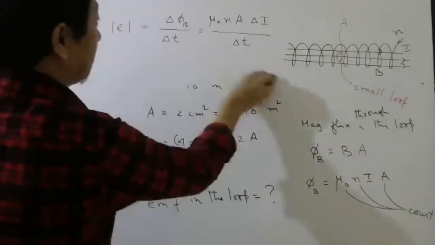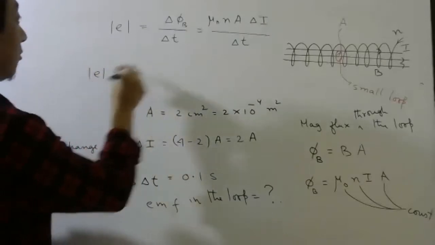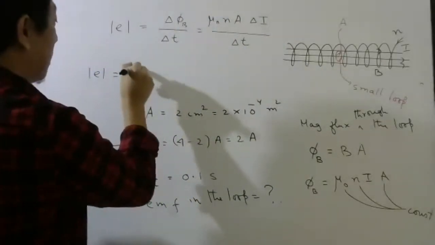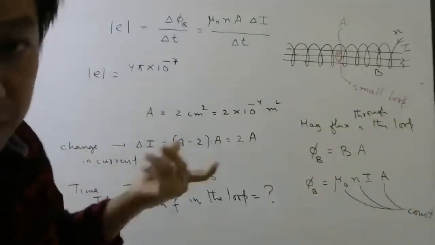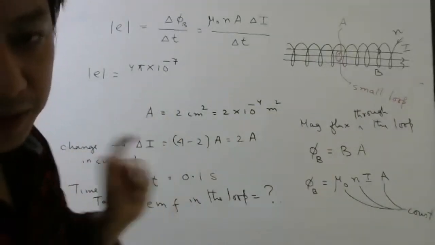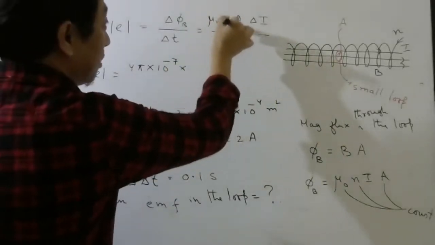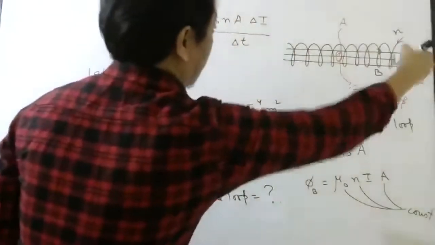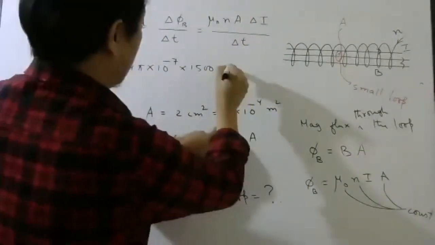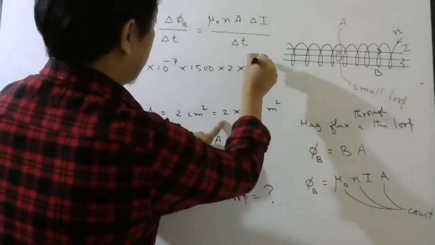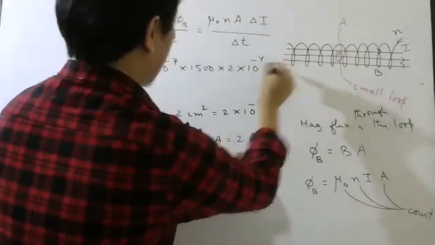1500. Okay, so let us calculate. Value of mu naught is 4 pi into 10 power minus 7. This constant value will be given in the exam, but still try to remember the mu naught value. This is number of turns per unit length of the solenoid, that is 1500. Area is 2 into 10 power minus 4. Change in current is 2 ampere.